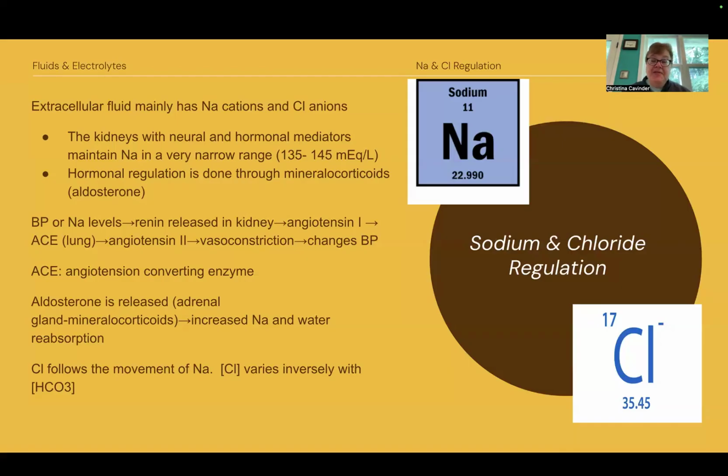So what happens is your blood pressure or sodium level trigger the kidney to release renin. Renin is then converted into angiotensin 1. Then ACE, which is angiotensin converting enzyme, is released from the lungs, and it converts angiotensin 1 to angiotensin 2.